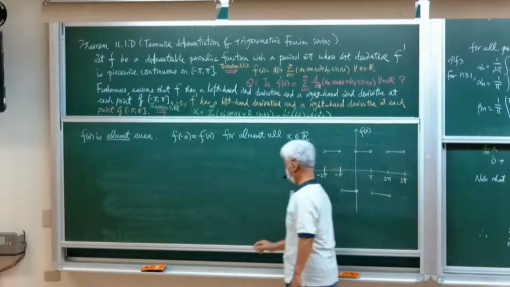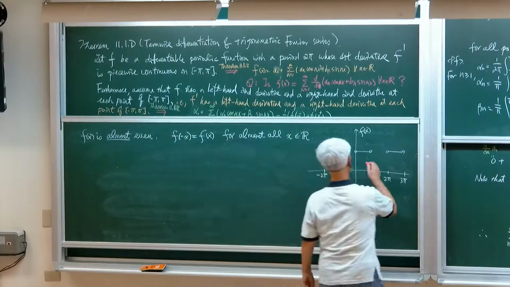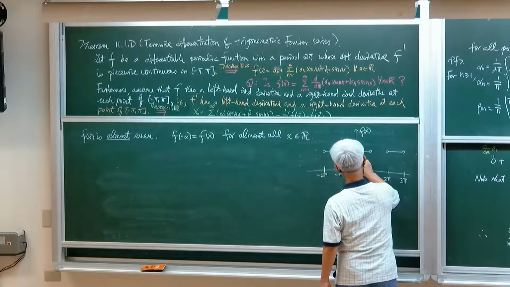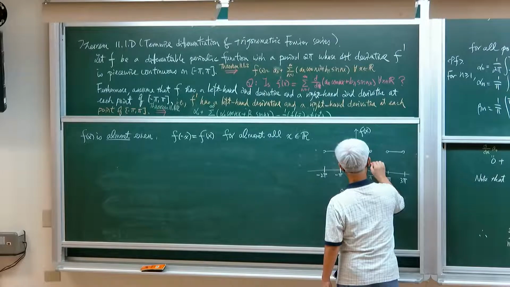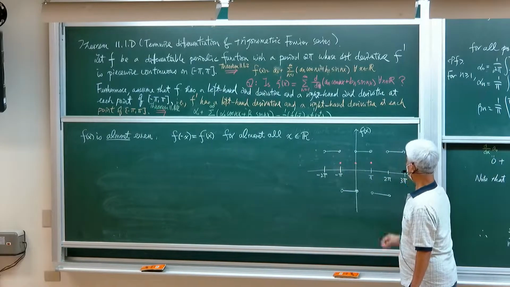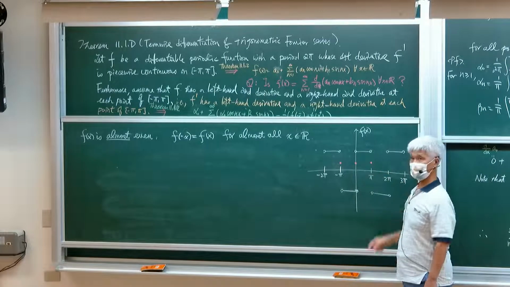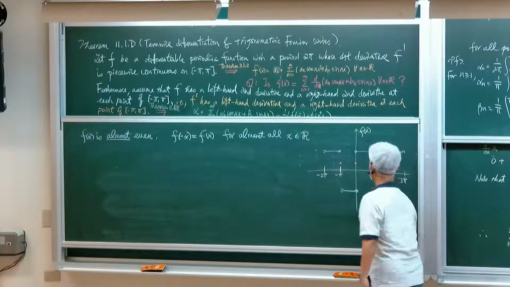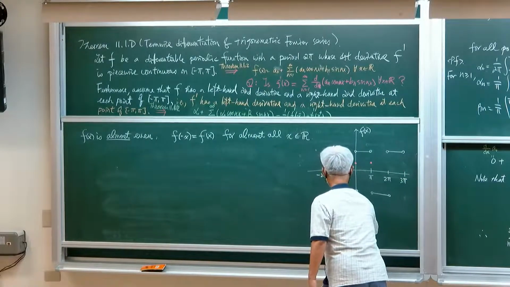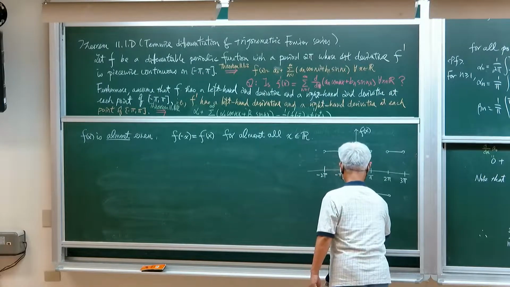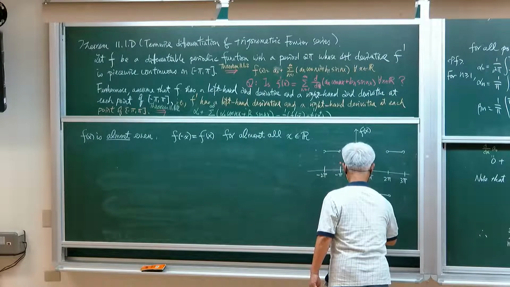But when you assign a value, for example, let me say here, then in this case f of x is not an odd function. Why? Because f of minus pi is not equal to minus f of pi.